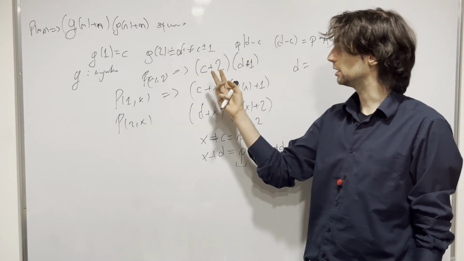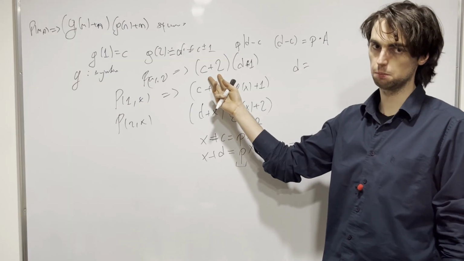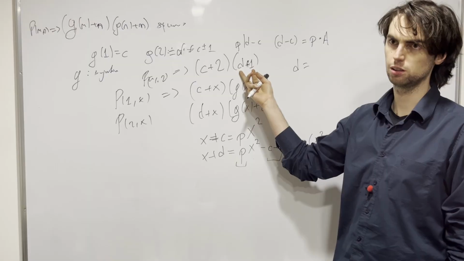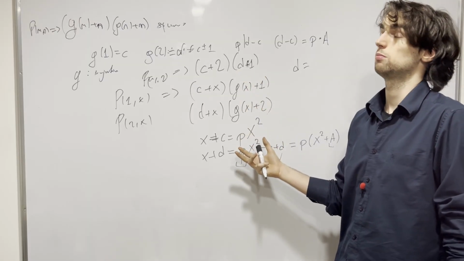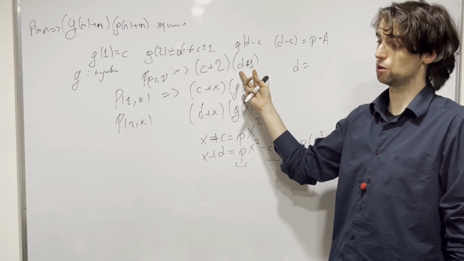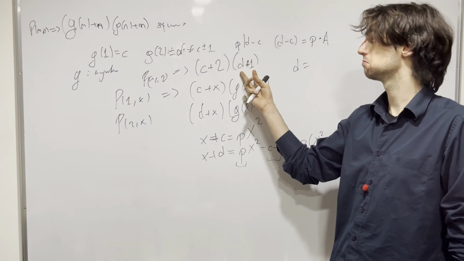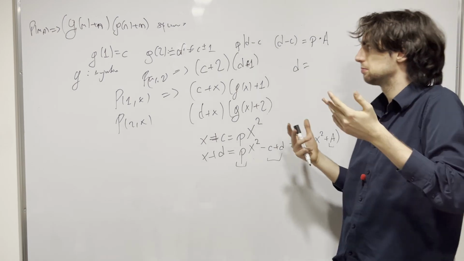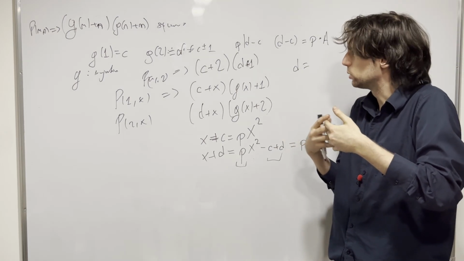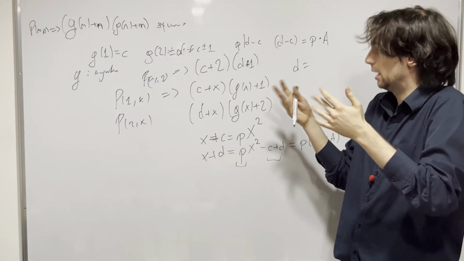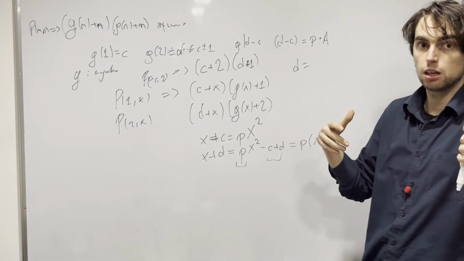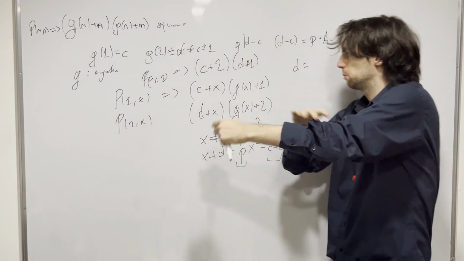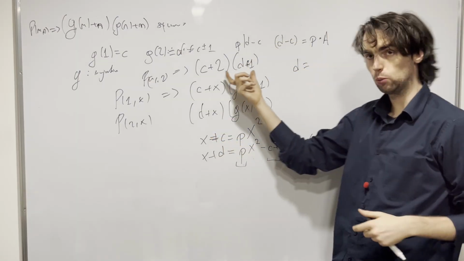Like c plus 2 can be some huge prime squared, and this could be some huge other prime squared, or it could be that prime to the power of 4, potentially. I don't think it's constraining me that much, and d minus c could again be a power of 2. It's not a super big constraint, and it's just one equation.